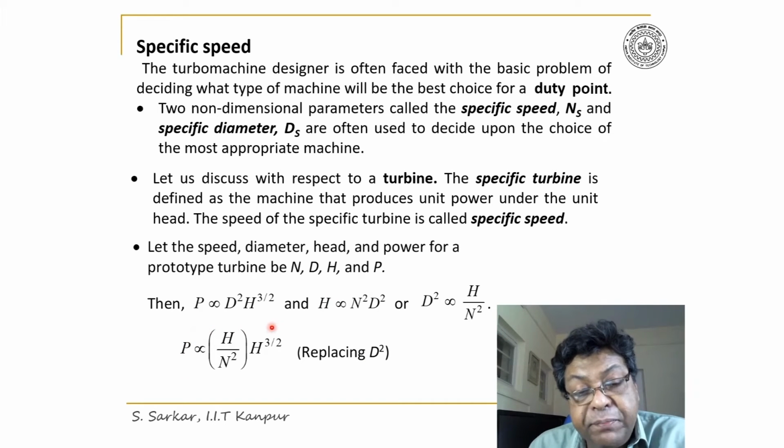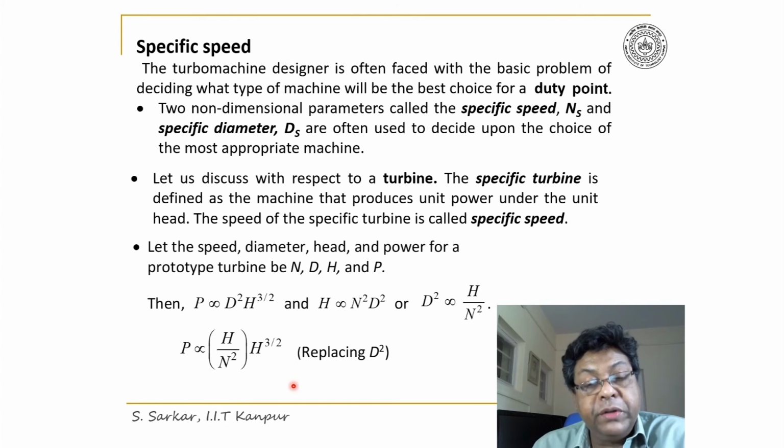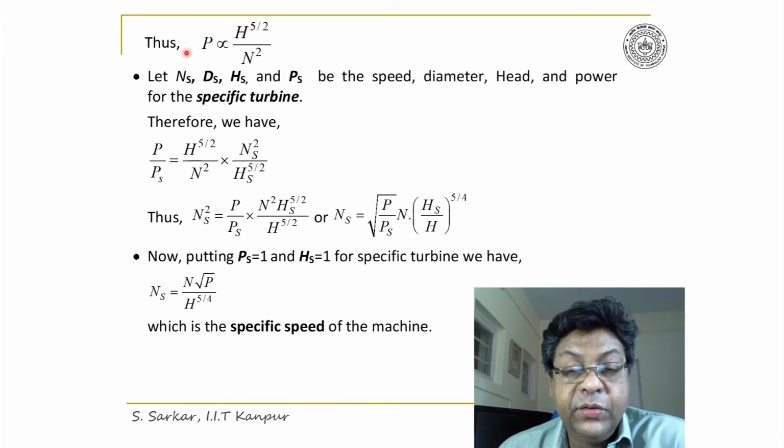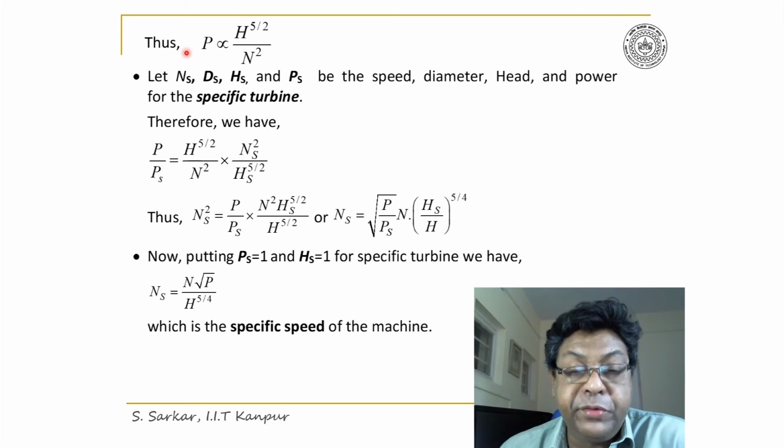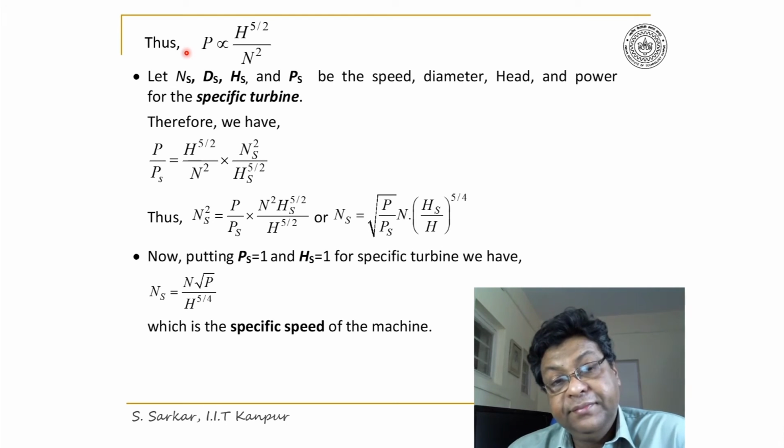Now, in this relation, that is P proportional to D squared H to the power 3/2, I can replace D squared by H over N squared. So I'll get P proportional to H over N squared into H to the power 3/2. Thus, we'll get P proportional to H to the power 5/2 divided by N squared.